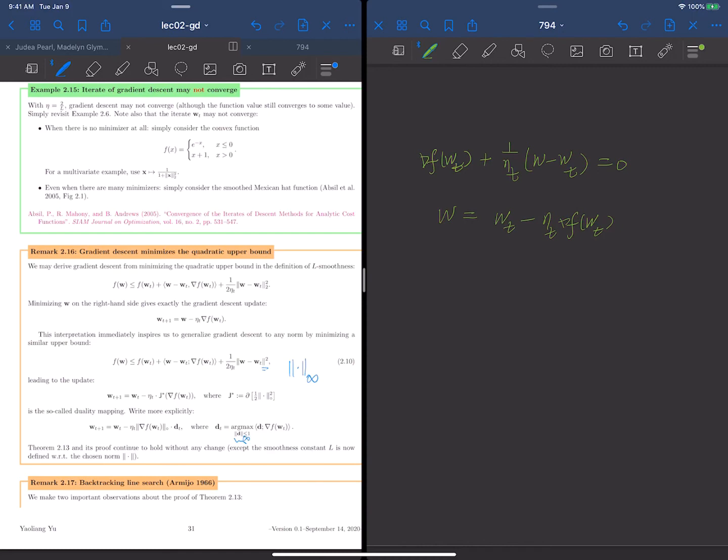And if you do this, then the direction you're going to pick is basically the sign of the gradient. Sorry, this is the one norm. The direction is going to be the sign, and this is what's known as the sign gradient descent.